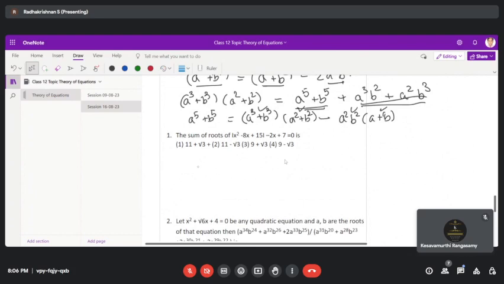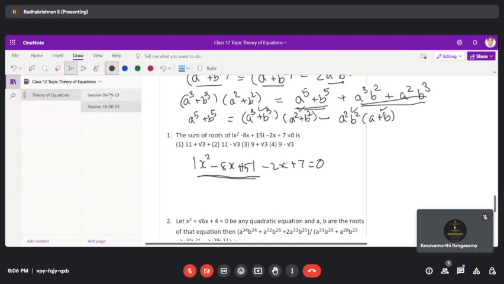So this problem, x square minus 8x plus 15. We have to find out the range, the critical points, in this part of the equation. We have to find out the critical points and we have to solve for x in different ranges.